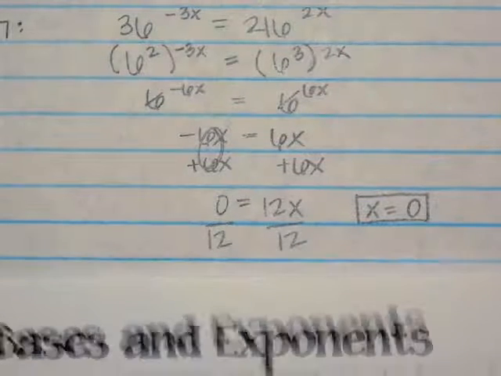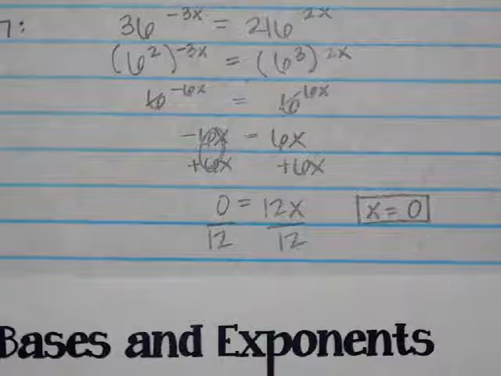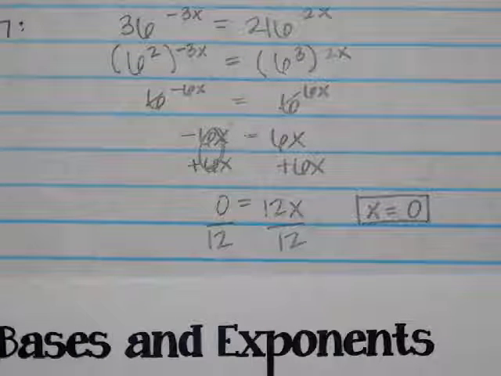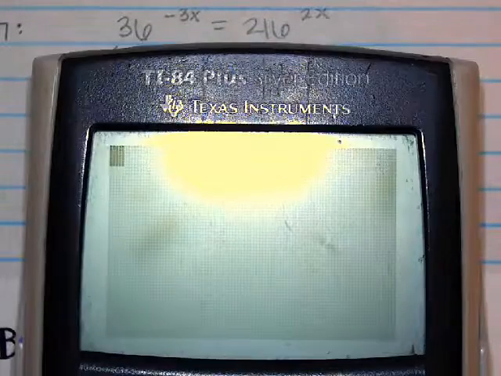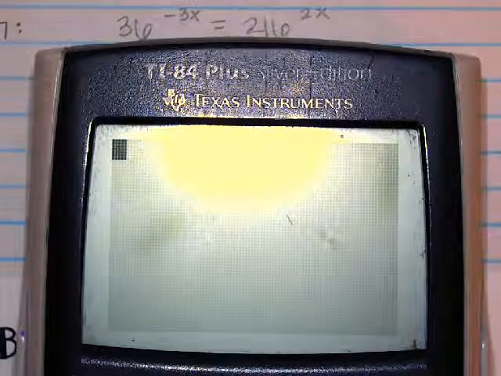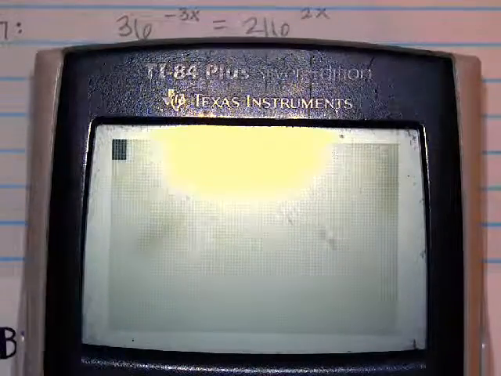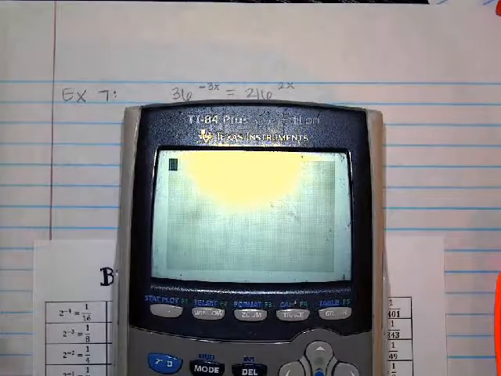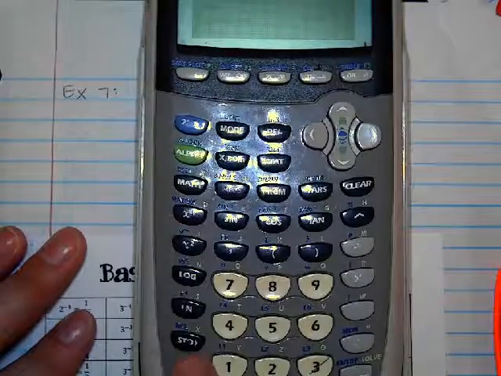Okay. And if you want to check your answer, you can. So one of the ways that I like to check my answer on my calculator is I like to take the value for x and just store it in the calculator. Let me zoom out. So we found that x was 0, so I'm just going to type the number that I got first, 0, and then I'm going to hit STO, which is right above the on button.